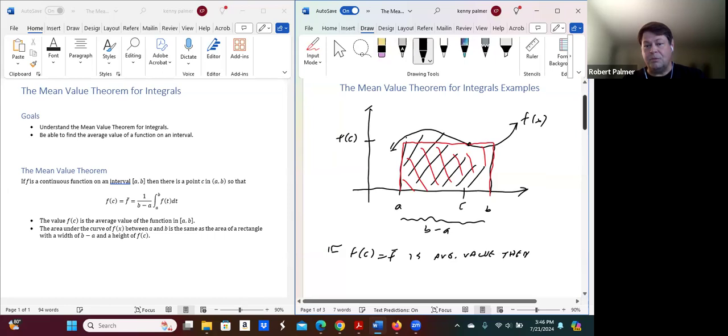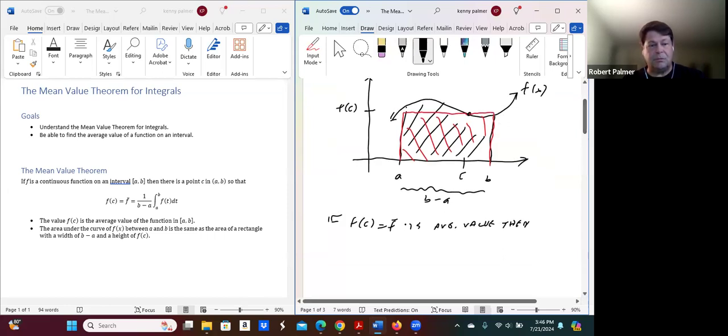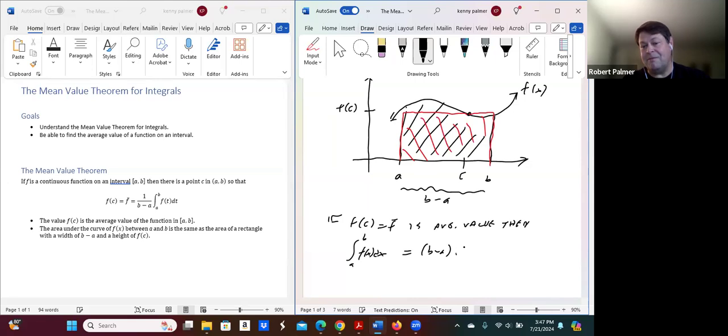Then the integral from a to b of f of x dx is equal to this rectangle I've just drawn, which is b minus a times f of c. And actually that's where this comes from. If you divide both sides by b minus a, you get this value right here. And I realize, let's come back over here in a second.